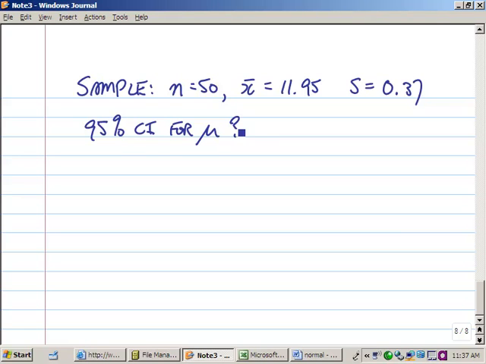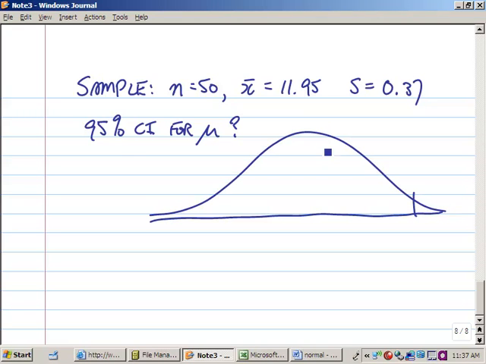Alright, so if we've got a 95% confidence interval, that means on the z we've got 95% in the middle between two symmetric limits, and 5% outside in the two tails, 2.5% in each tail. So we're looking for a z with 0.025, and we've done that above, and that's 1.96.